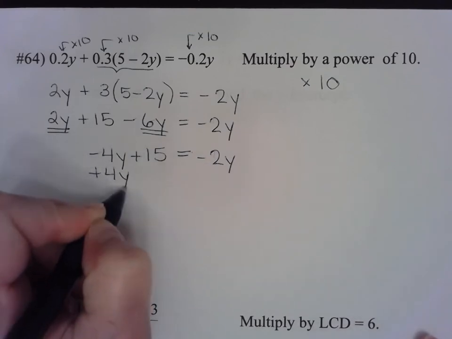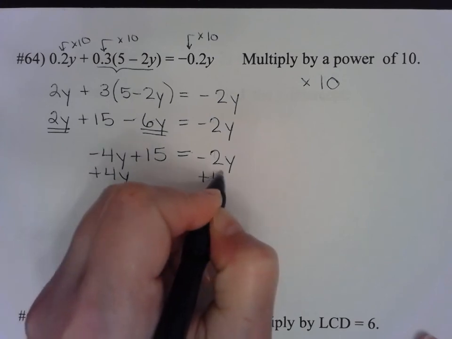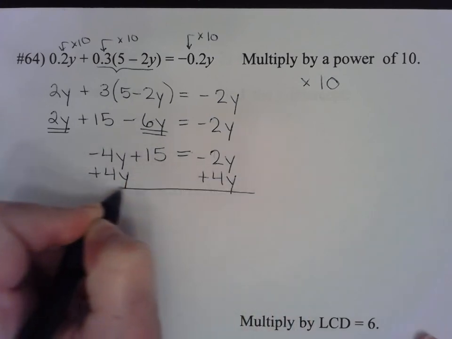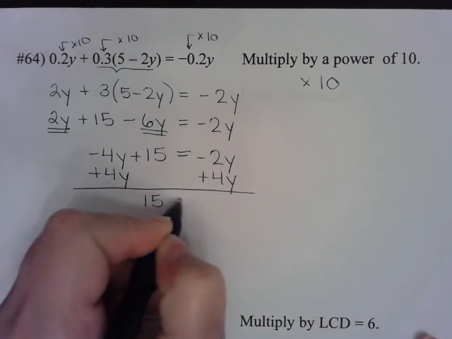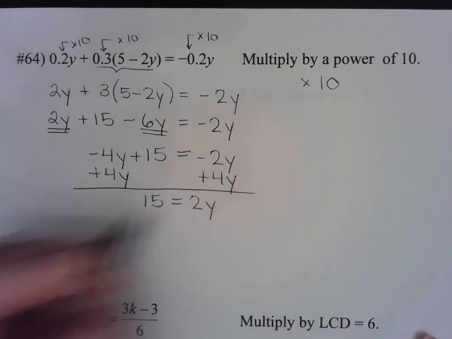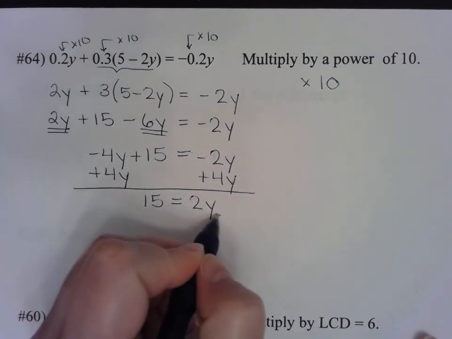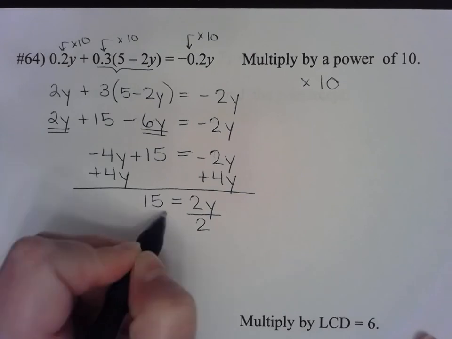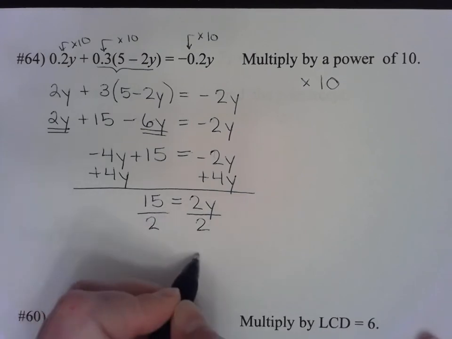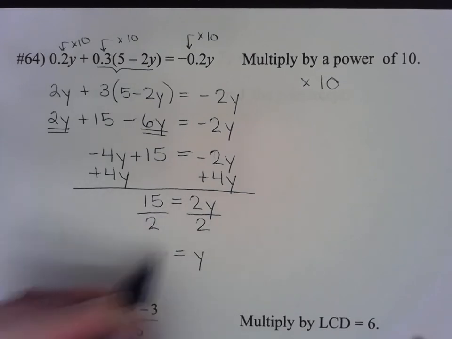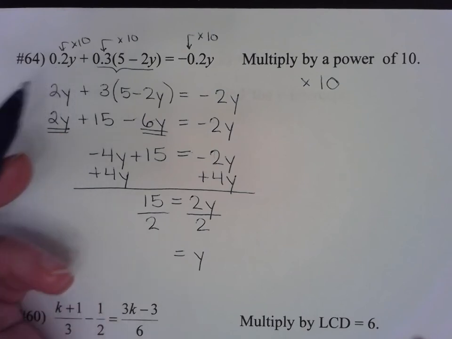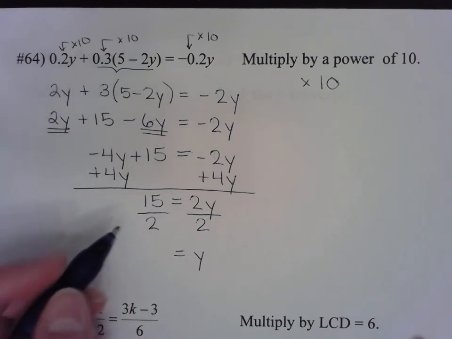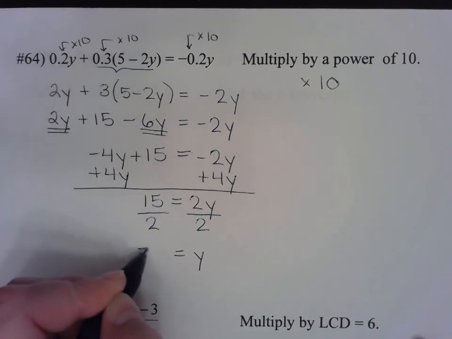So I'll do that by adding 4y to both sides. And then instead of 2y, we'd rather have y, so we're going to divide both sides by 2. And since my original problem had decimals, I'm going to go ahead and make this into a decimal. So if I divide by 2, I should get 7.5.